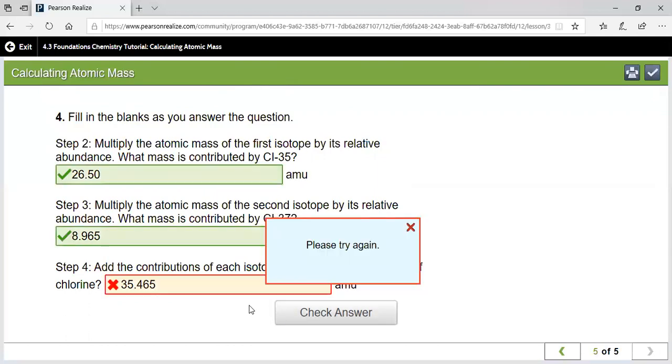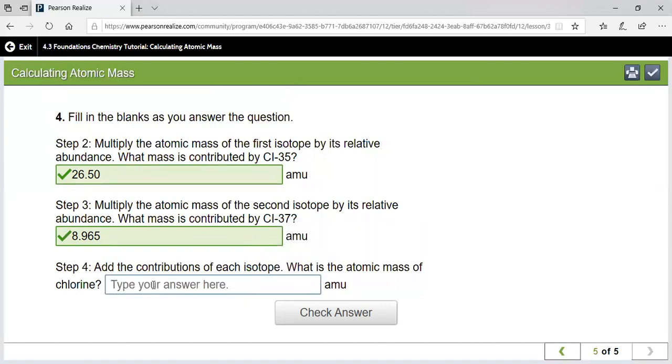Let's check. No. How come? I'm sorry, it's going to be like that: 26.50 plus 8.965 will be 35.46.